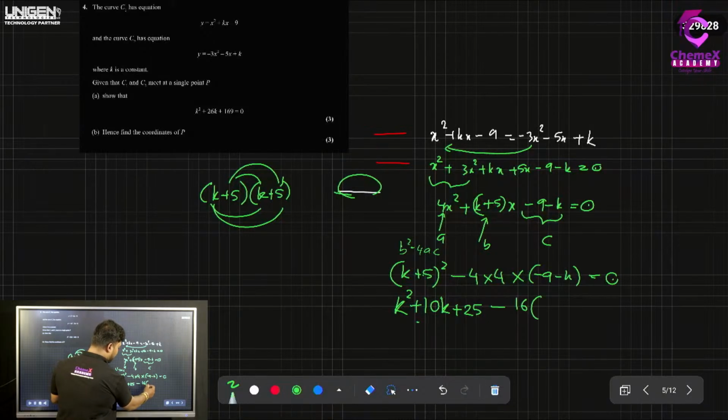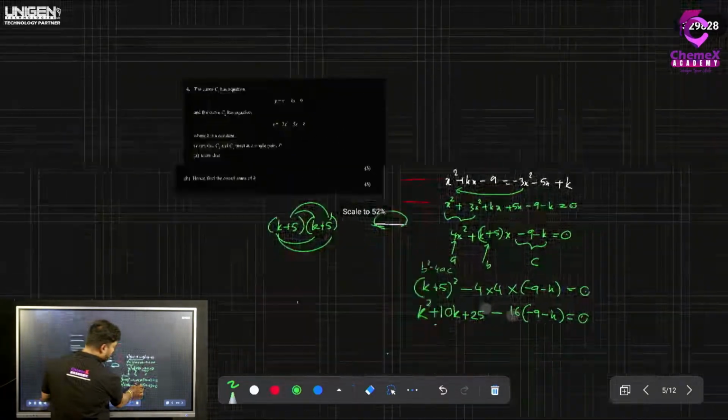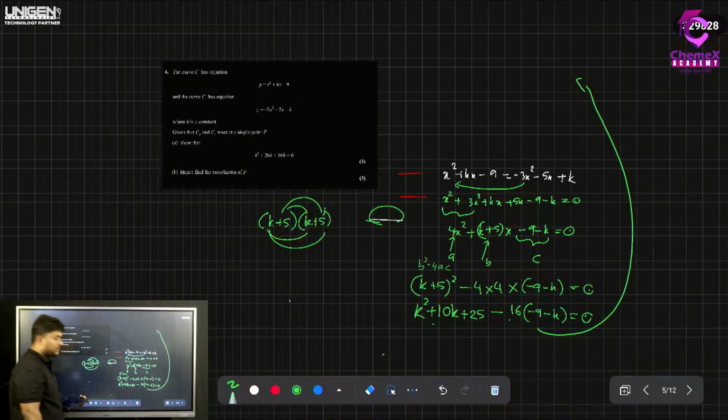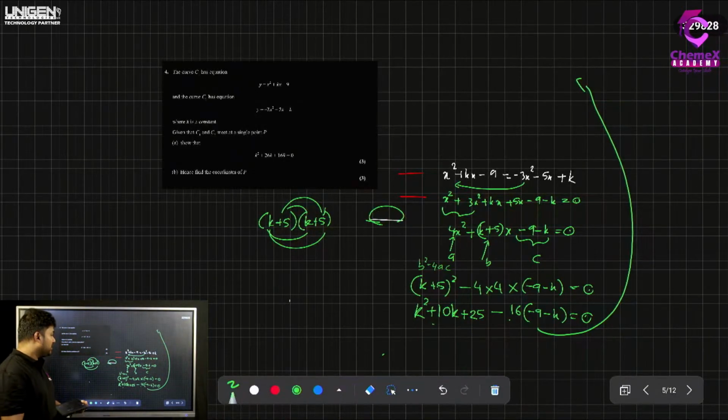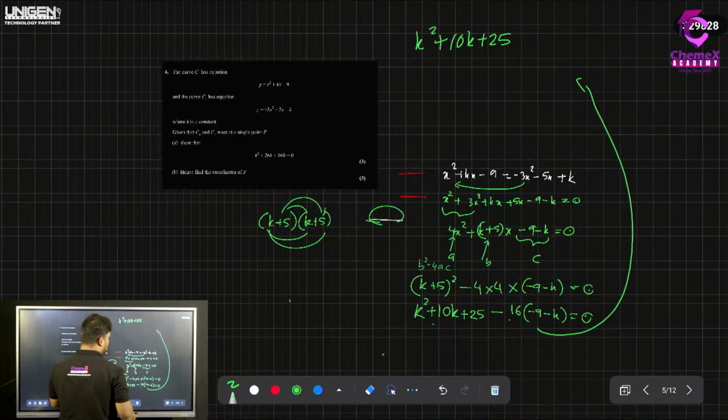I'll just write this 2 times. After that, I'll have to expand. So can someone say what you get when you expand that? K squared plus 10k plus 25 minus 16 times (minus 9 minus k).